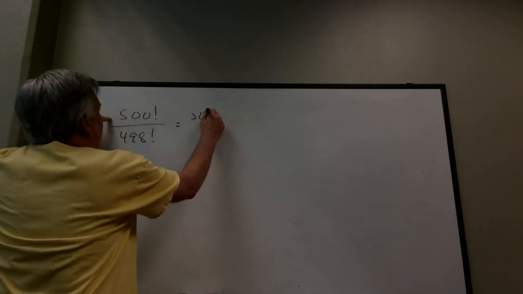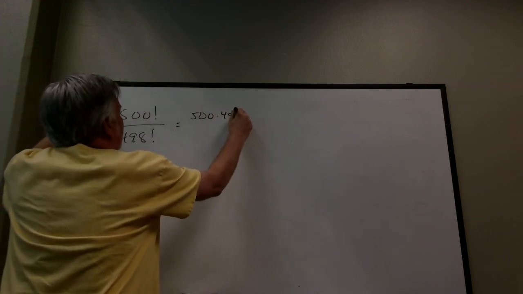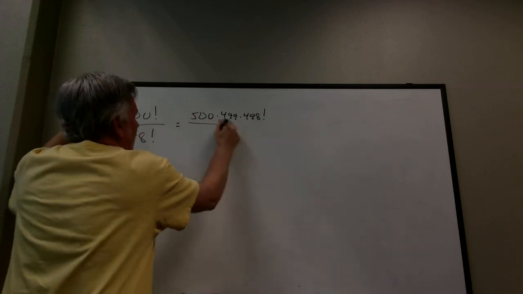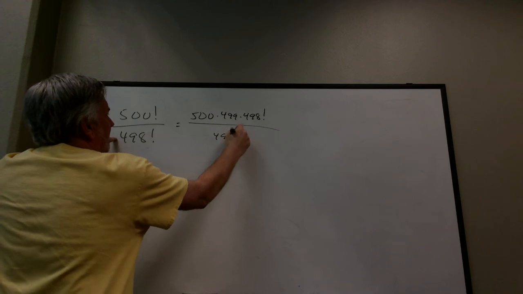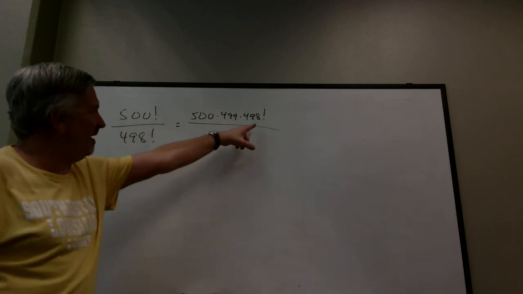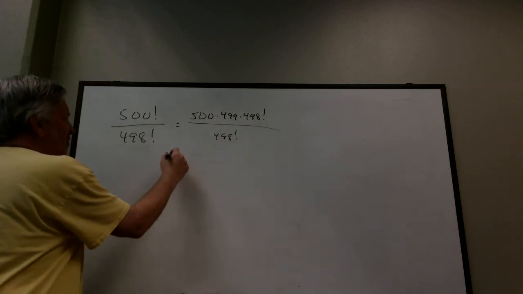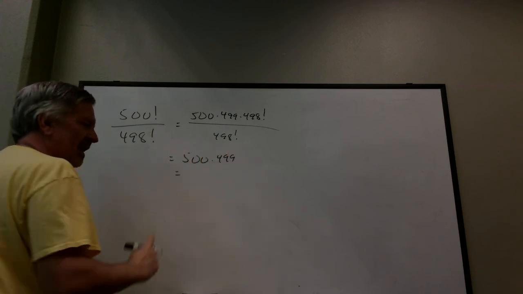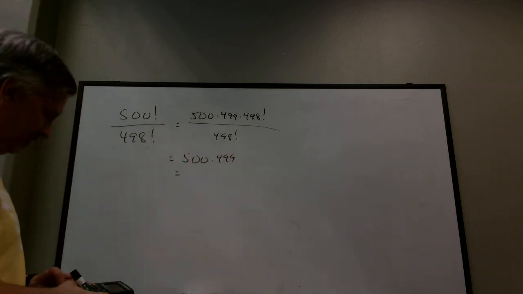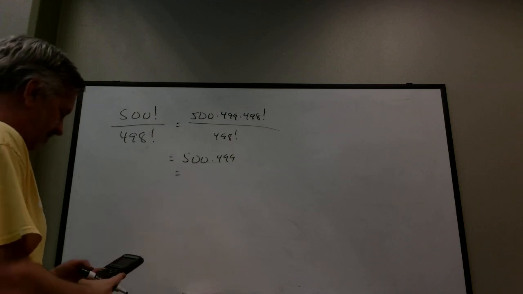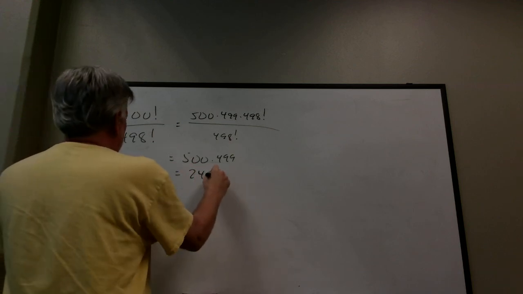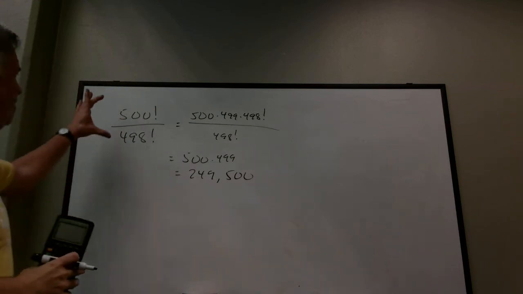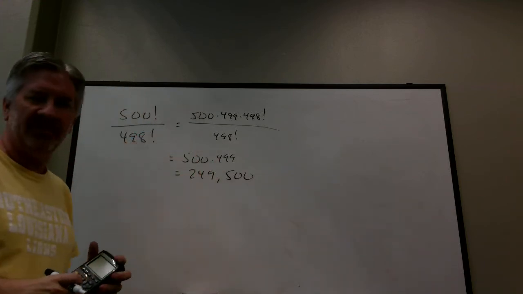So that's 500 times 499 times 498 factorial, the tail, divided by 498 factorial. Well, 498 factorial divided by 498 factorial is 1. So this is 500 times 499, and now you can type that in and get your answer, which is 249,500. So you can simplify factorials and then just type in the answer.